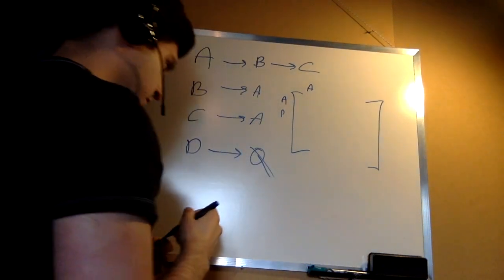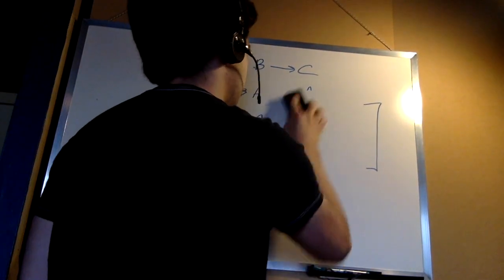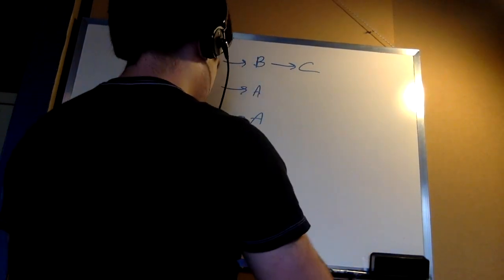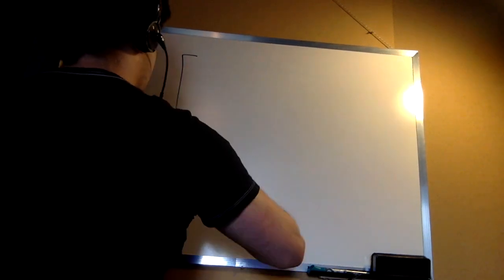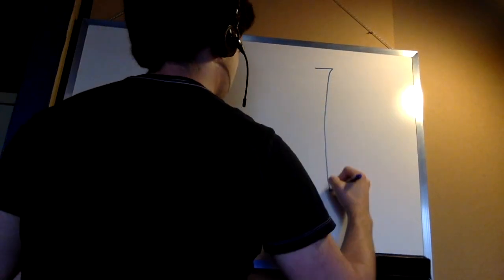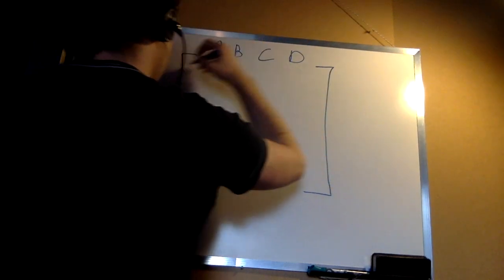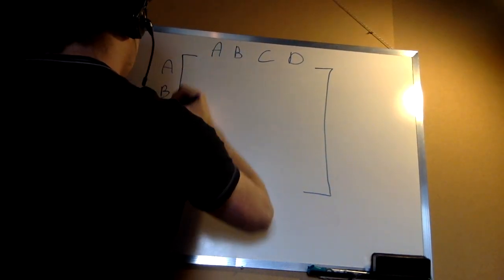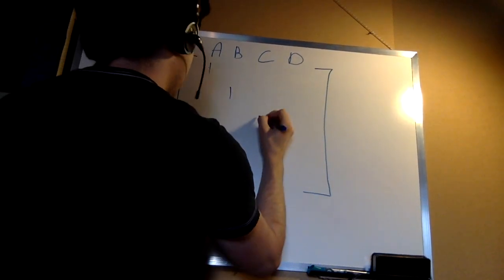So A, this is too small. Can you see that? Let's draw it a bit bigger. A, B, C, D. A, B, C, D. All right, so it's going to be identity for sure.